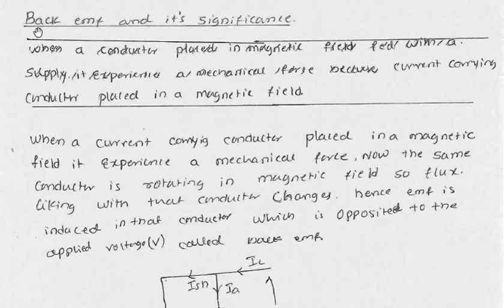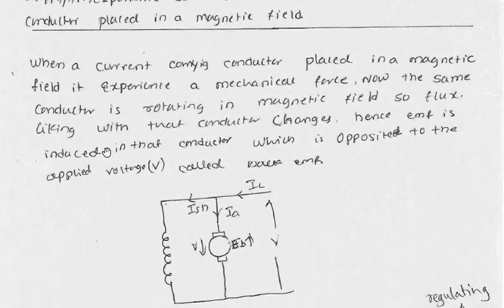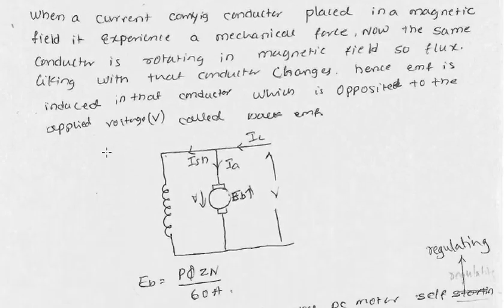Its direction is such that it opposes the cause which is producing it. And what is the cause? The voltage that we have applied to the DC motor, which is making the armature conductors rotate. So it will oppose that terminal voltage, and it is called back EMF.